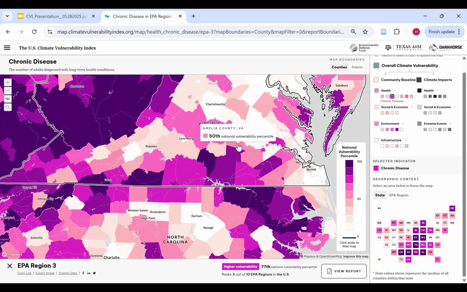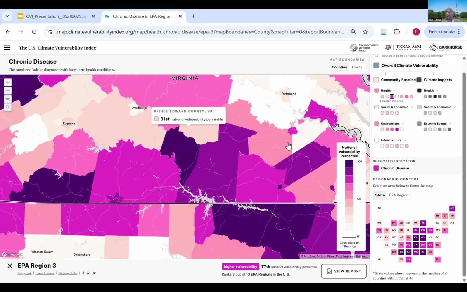Go east. Go south. Chester. Go south. Petersburg, yes. You just clicked on it, but you moved. Petersburg is a city. It's next to Prince George to the west. Hold on, let's zoom in there.